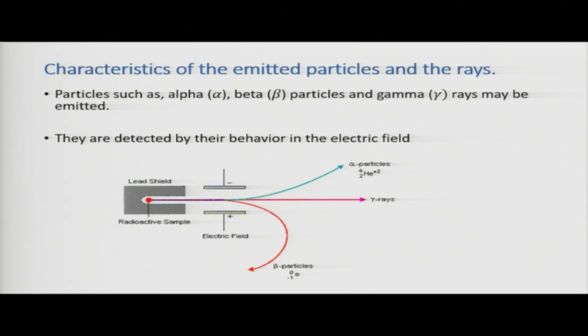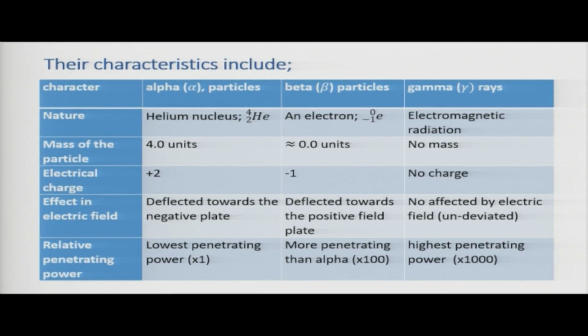Now, with this experimentation, which was earlier done by Rutherford, you remember the atomic structure, the particles are generally classified and characterized as you see in the table. Let's quickly go through it. The nature: what is alpha?